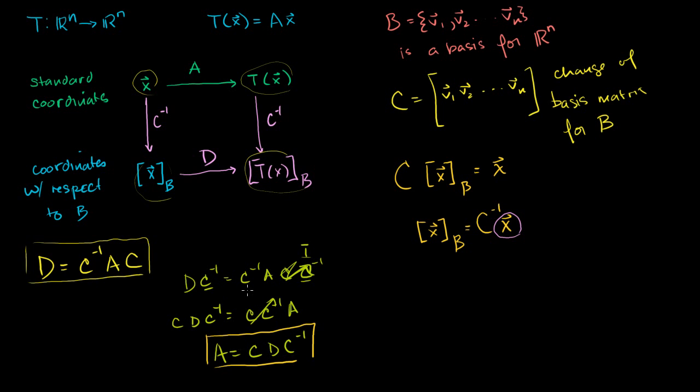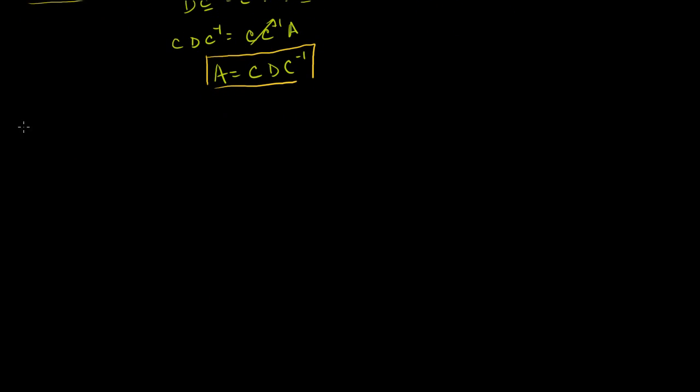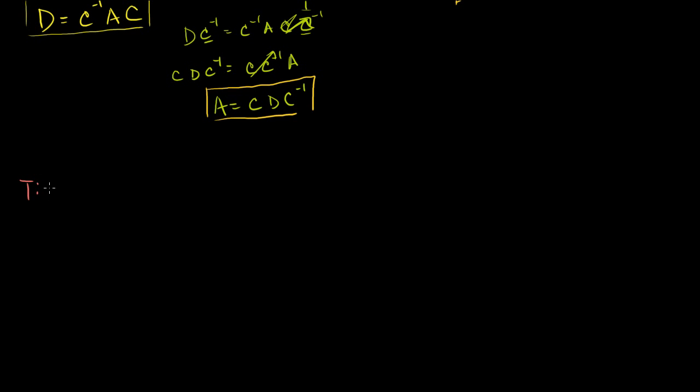Now, everything I've been doing has been fairly abstract. Let's actually apply some of these principles with a real concrete example. So let's say I have a transformation T. I'll keep these guys around just because they might be useful. That is a mapping from R2 to R2.